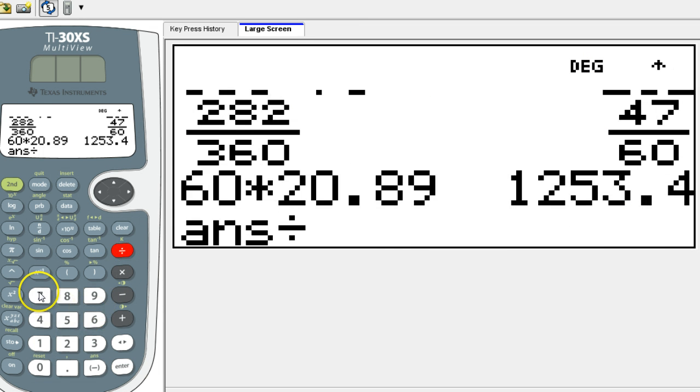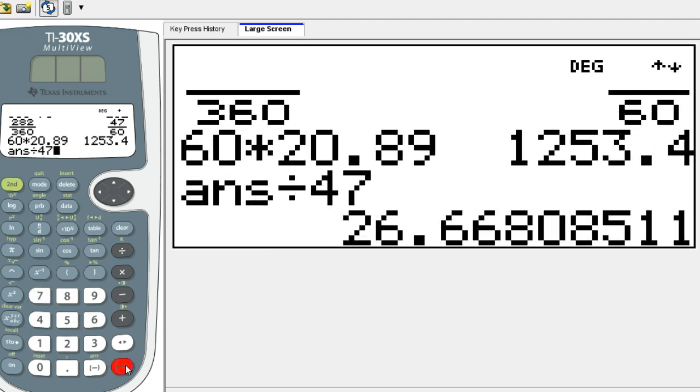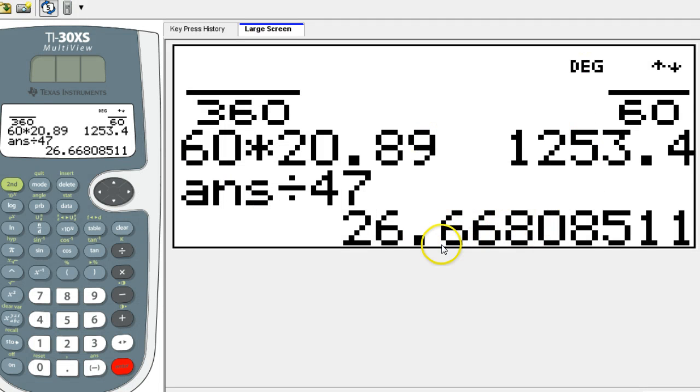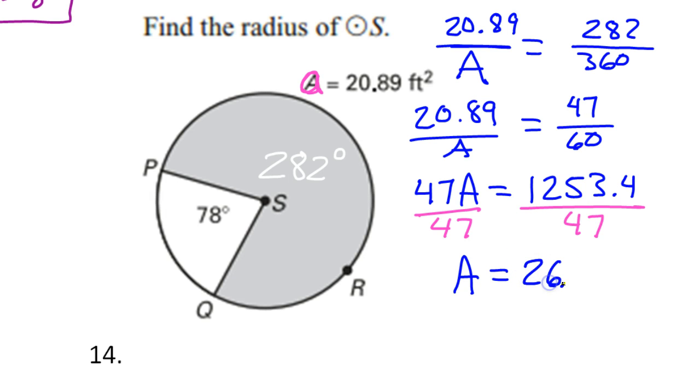So I'll just say divided by 47. Okay, well that is a crazy decimal. So I might not be able to avoid it. I'm going to use the crazy decimal. But because I'm not finished, I'm going to carry 4 decimal places with me. So this is 26.6681. If you have to round and you're not at the end of the problem yet, use 4 decimal places.